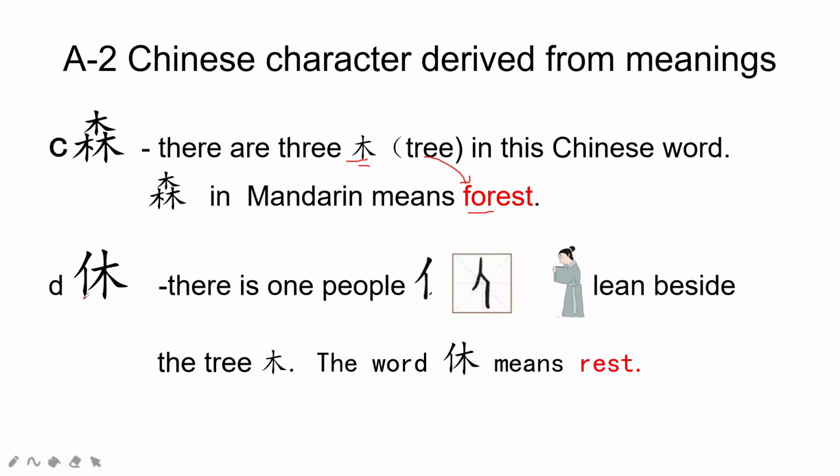After that, this word is xiu. Xiu is made from two components. One is this one, which means the standing person. The other is the right-hand-side component, which means tree. Okay. So the person leaning beside the tree means rest. Xiu means rest.